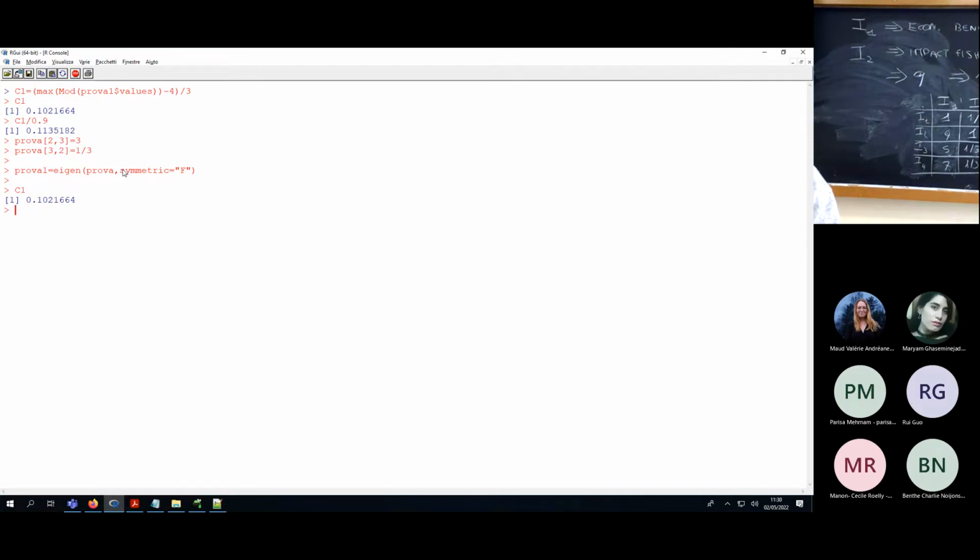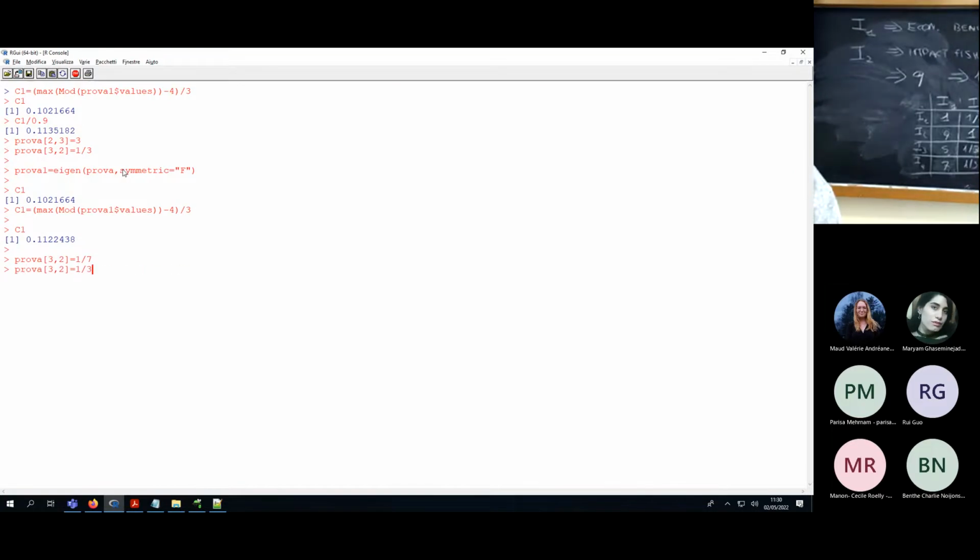Let's see the computation of the eigenvectors and C1. To compute C1, just one second. I'm not sure I did this before. This is a little bit worsened.